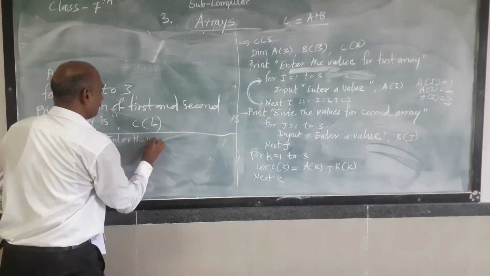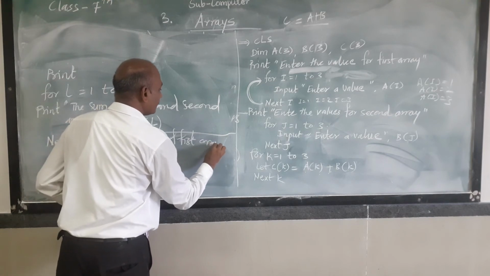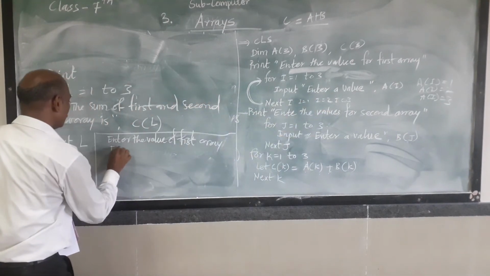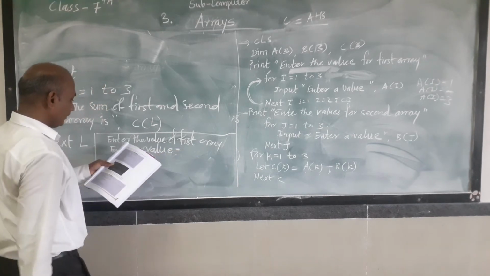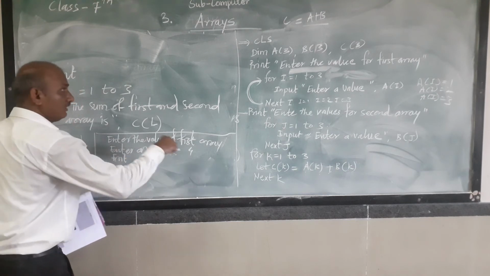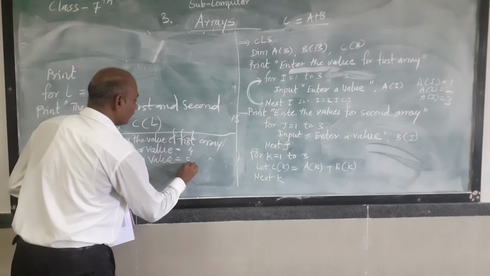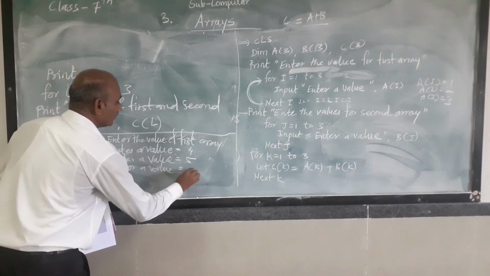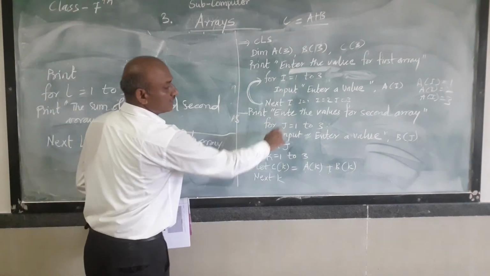Then enter a value, a of I, we print a. Again enter, this will go for 3 times. Enter a value 4, enter a value 5, enter a value 6. The first array values are complete. The cursor goes to this line.